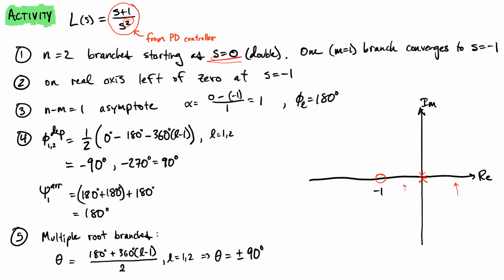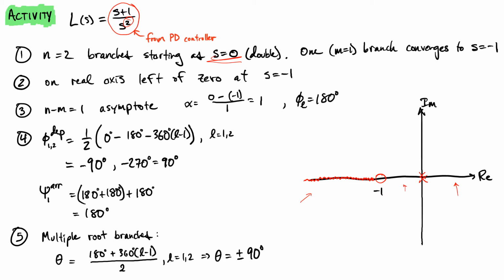But once we get past -1, this is to the left of two poles and one zero, so that's an odd number, cumulative, which means the root locus is going to be on the real axis to the left of that zero. So that's what rule 2 tells us.